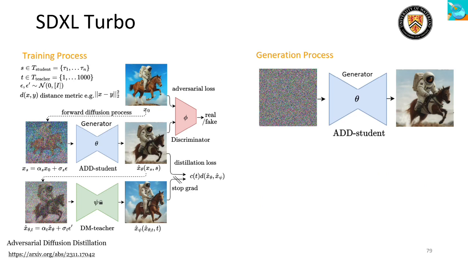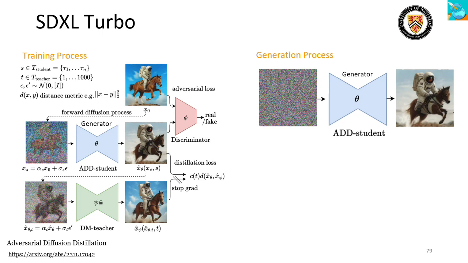In SDXL Turbo, it actually has a student-teacher model, so it's like a distillation process, where the student is using a relatively short time step, while the teacher model is using a long time step for scheduling. So what it does in the training process is that first you have the latent, which is basically computed by the forward diffusion process by adding noise progressively to it.